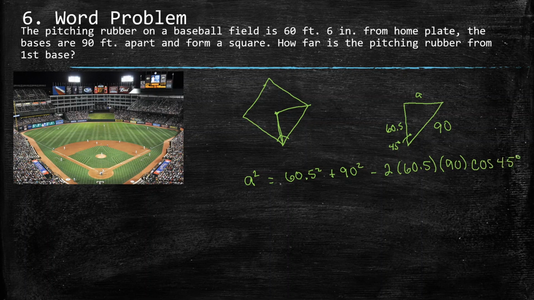All right, so that's all plug into the calculator stuff. So if I plug that into my calculator, you're going to get an answer of 63.72 feet. Okay, that's it. That's our last problem.